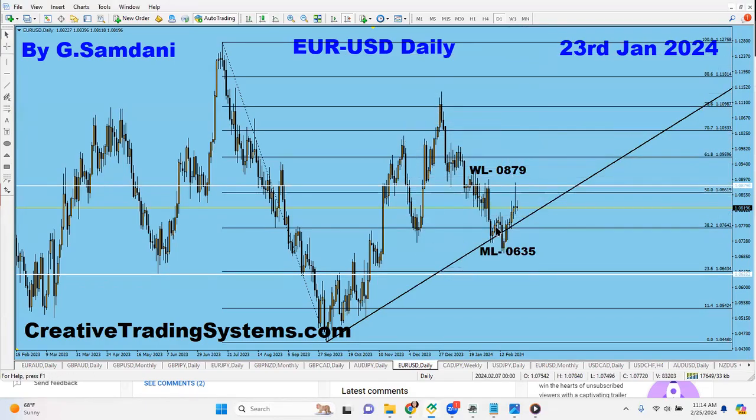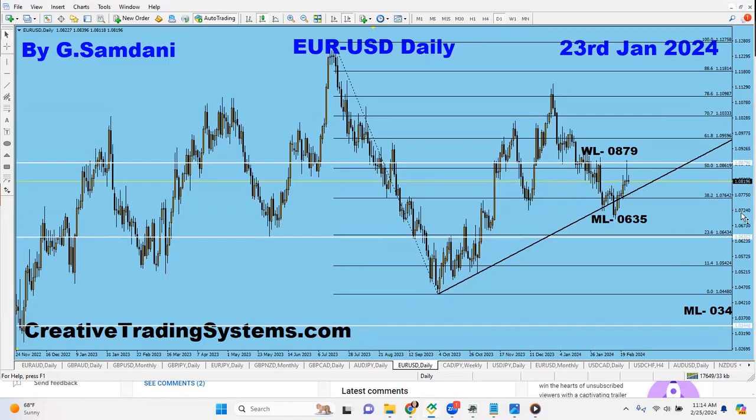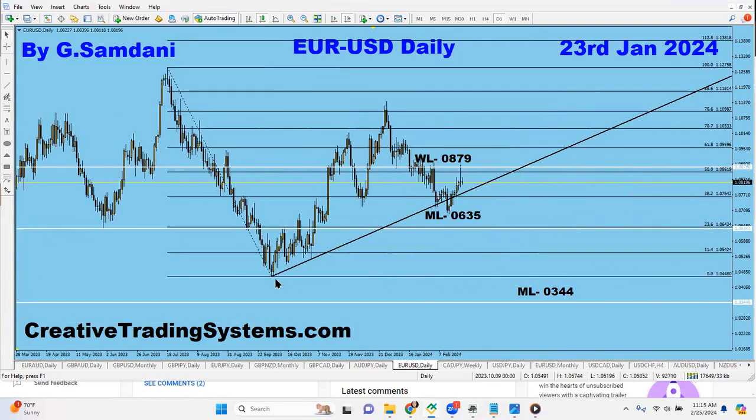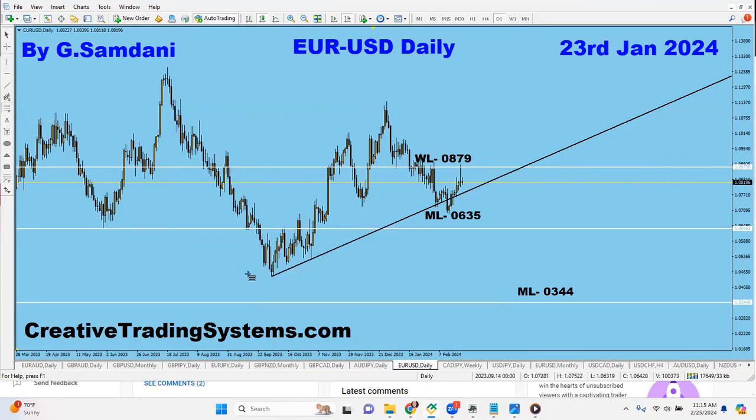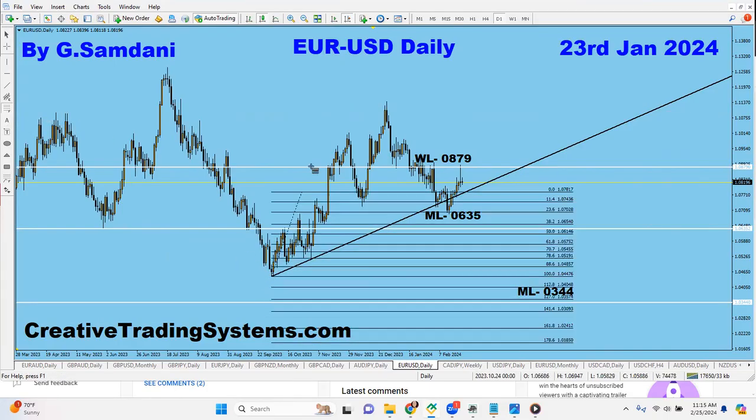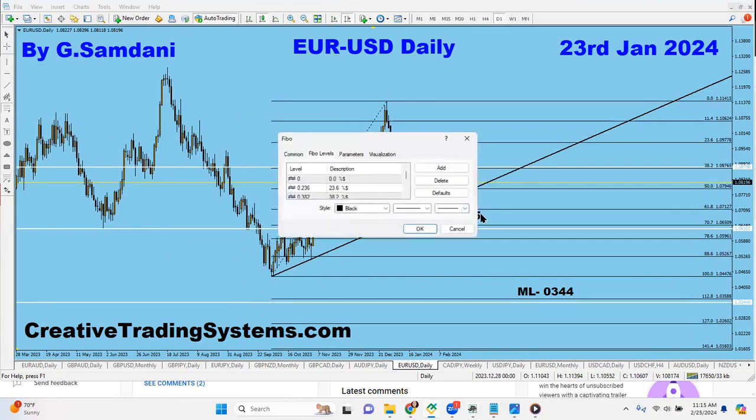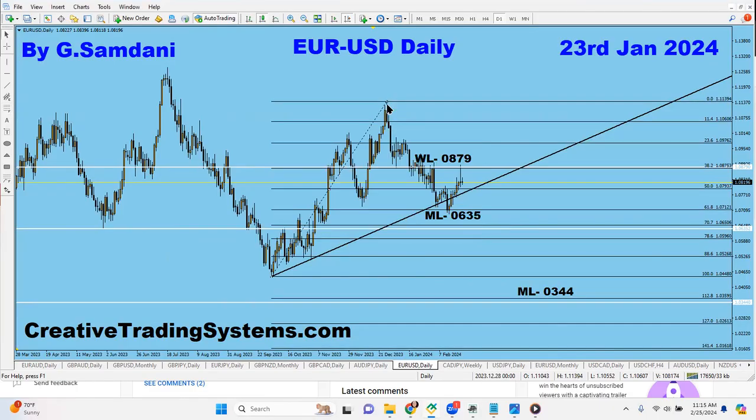Now it dropped from here to here, and then you want to say, okay, this is a big move, and then the low is this. So how much is this? Let's take a look. What happened? 61%, right? So this is the retracement. Now, if it is going to go to the upside, then it will make a higher high.